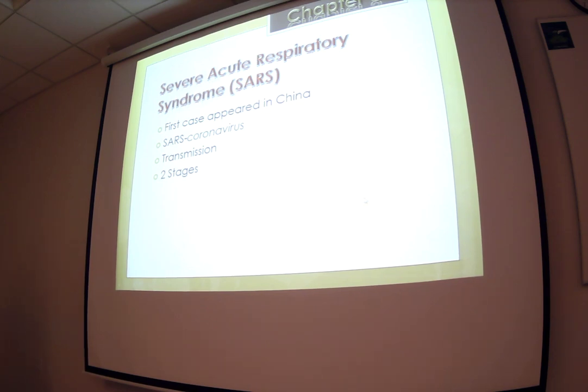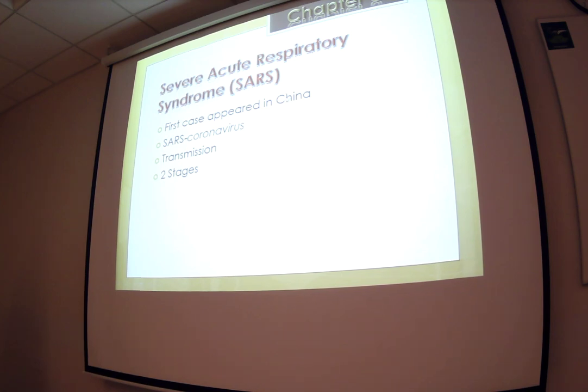So again, it is droplet transmission, person to person. Does affect the upper and lower respiratory tracts. Usually starts with a non-productive cough, and then can lead to hypoxemia. May require intubation and mechanical ventilation. 3% of these cases were fatal.